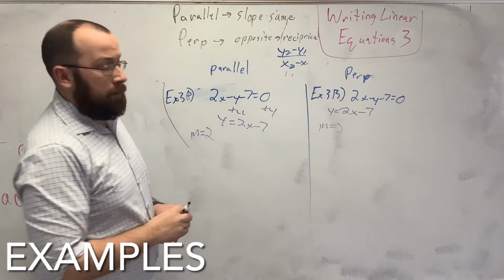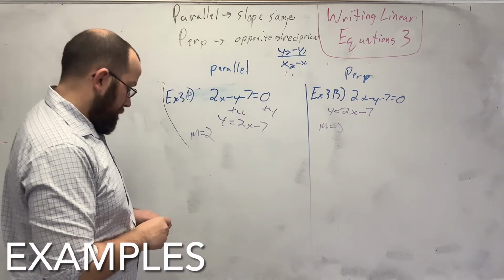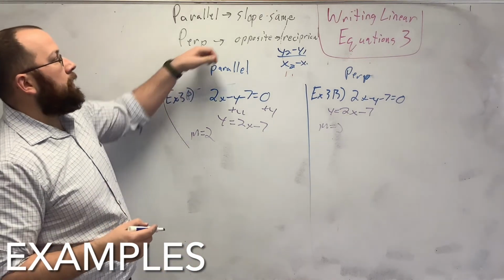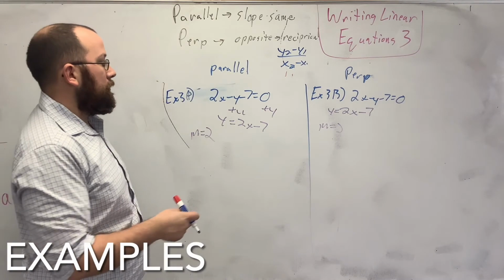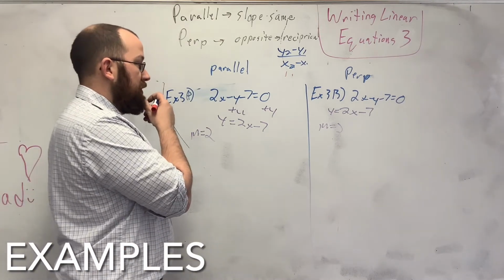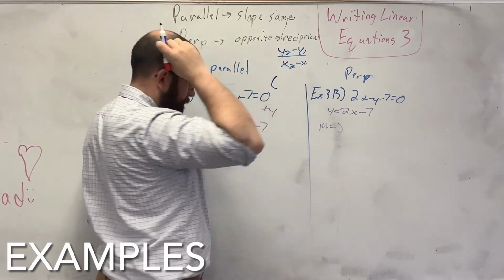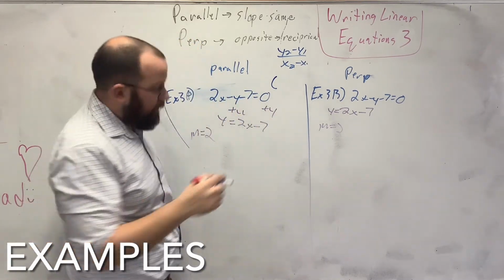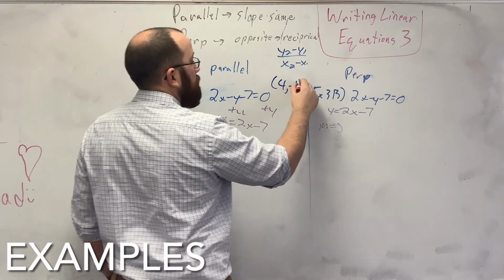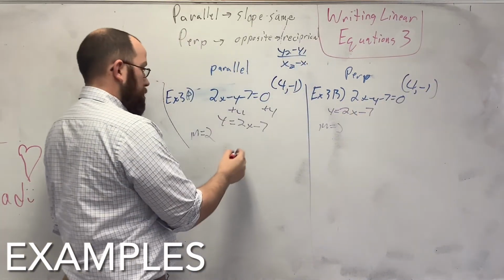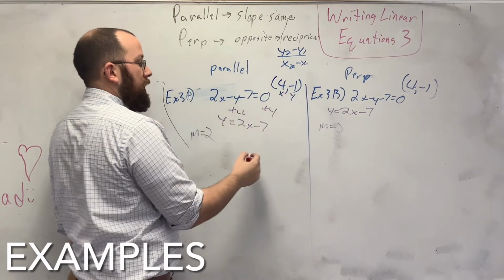Now this is where we differentiate. So now I know my slope is 2 over here. It's parallel, so my slope is the same. Let's say they're both through the point 4, negative 1. Alright, so that's my x, that's my y.